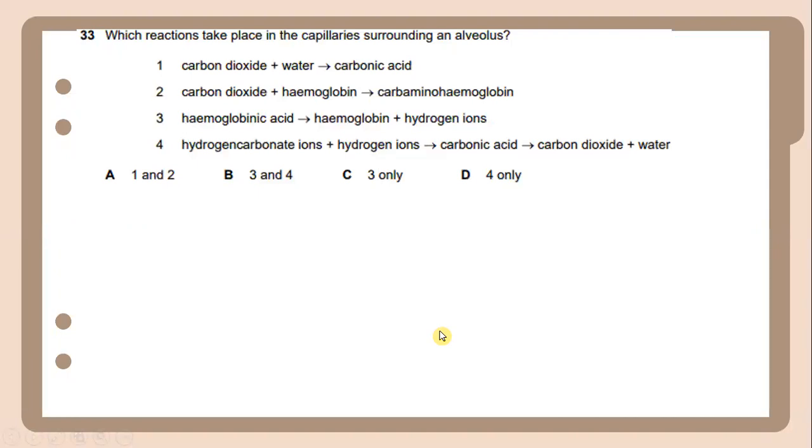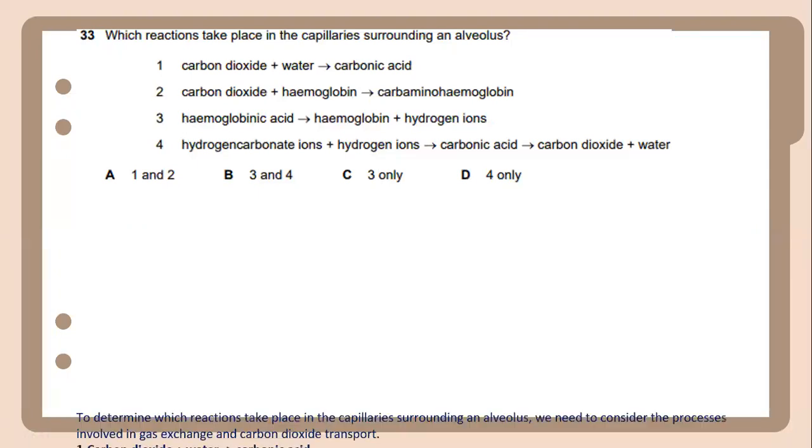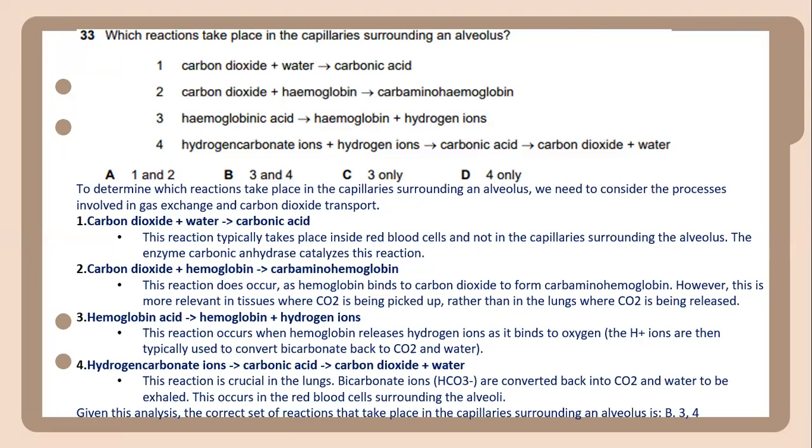Which reaction takes place in the capillary surrounding an alveolus? To determine this, we need to consider the processes involved in gas exchange and carbon dioxide transport. Number one, this reaction typically takes place inside red blood cells and not in the capillary surrounding the alveolus.